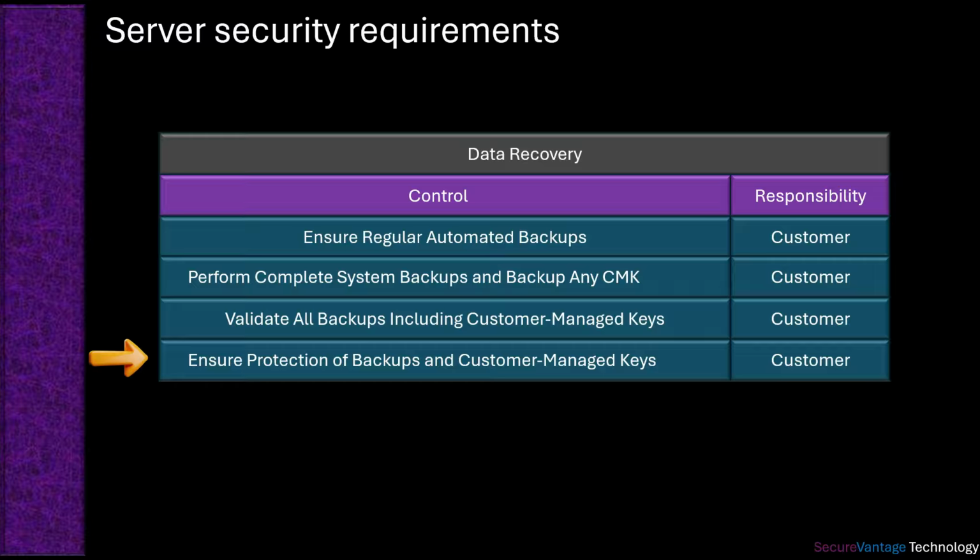Fourth control is ensure protection of backups and customer managed keys. Backing up your data is one thing, but protecting those backups is just as important. Think of this as locking your treasure copies in a safe. When you back up Azure Managed Disks with Azure Backup, the VMs are encrypted at rest using storage service encryption.